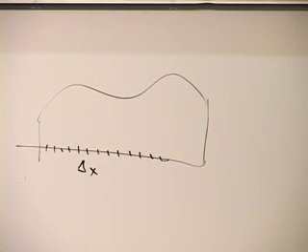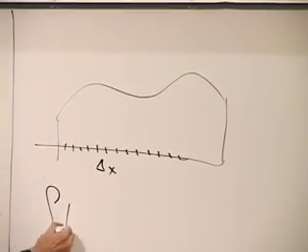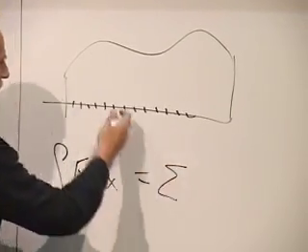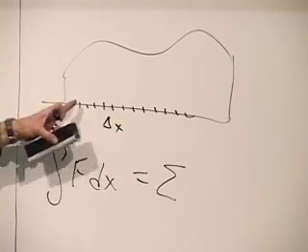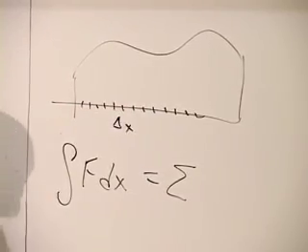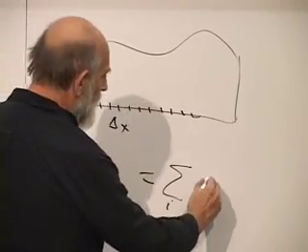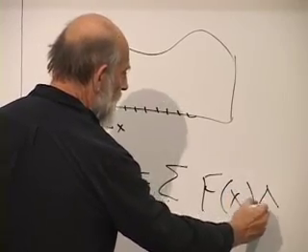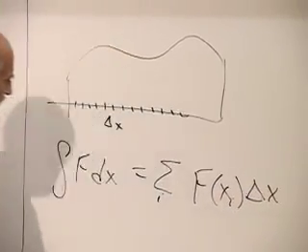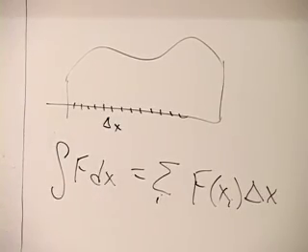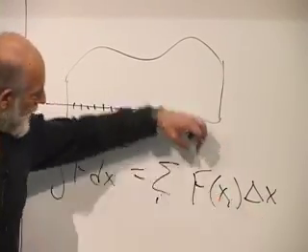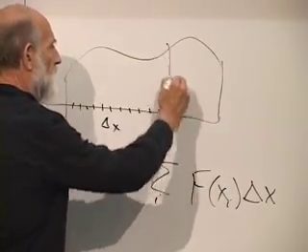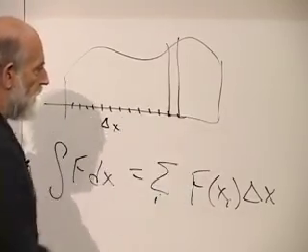Then the definition of an integral, f dx, is just a summation over all the values of the function at all these discrete points, summation over I of the value of the function at the ith point, call it x sub I, times delta x. That dx really means delta x. And of course, f of x times delta x is just the area under that, height f with width delta x.